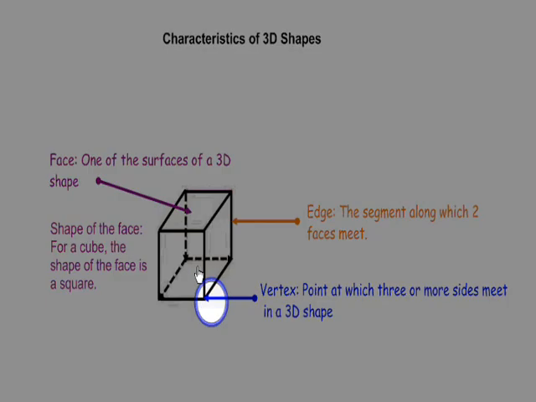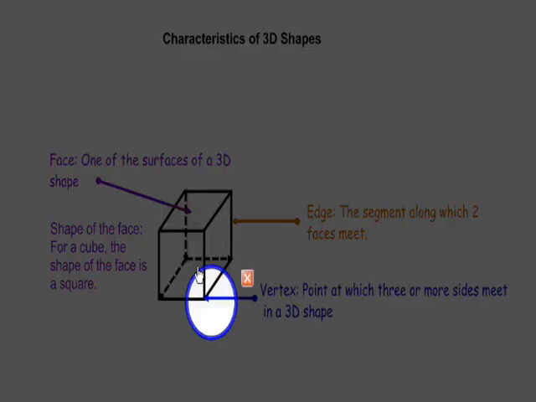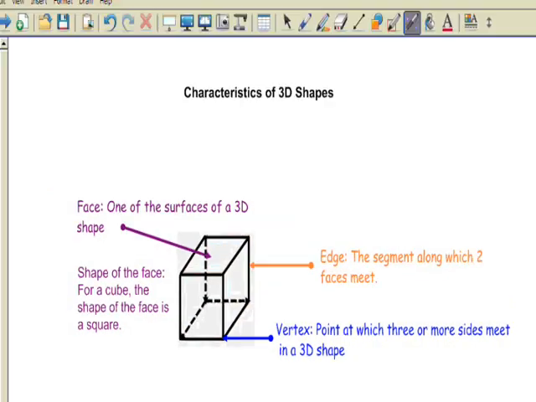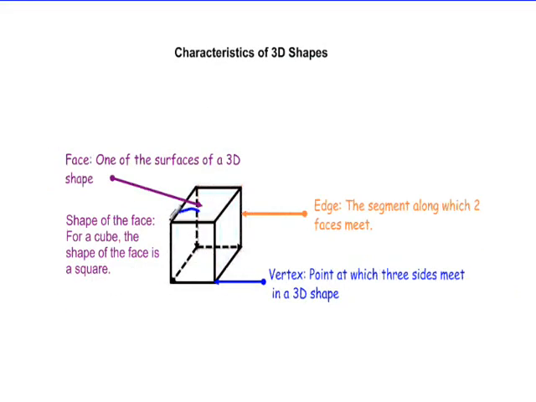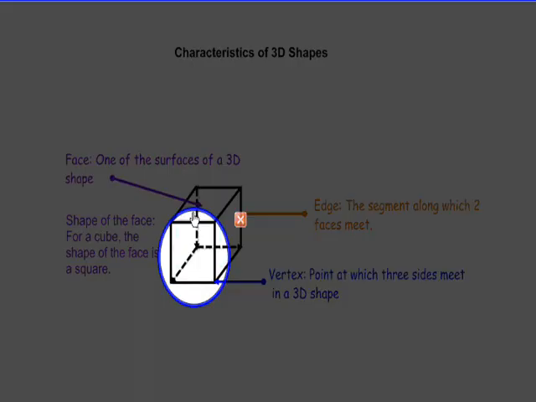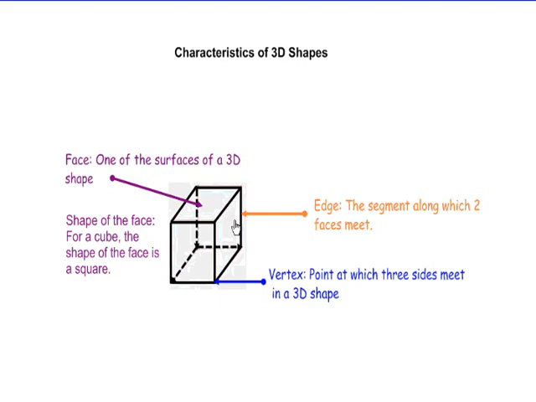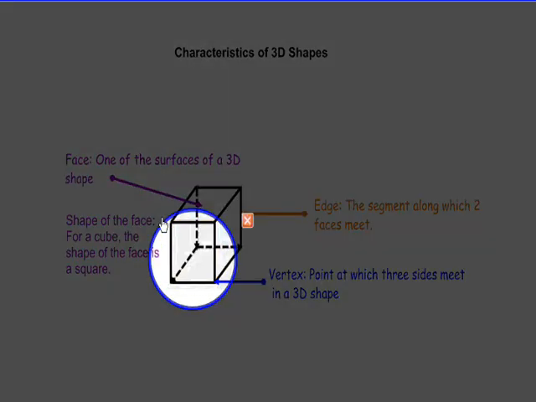The vertex, or the point at which three or more sides meet in a 3D shape. Number of parallel sides. If we look at this, we can see two sets of parallel sides. And the shape of the face. In this case, the cube, the shape of the face is a square.